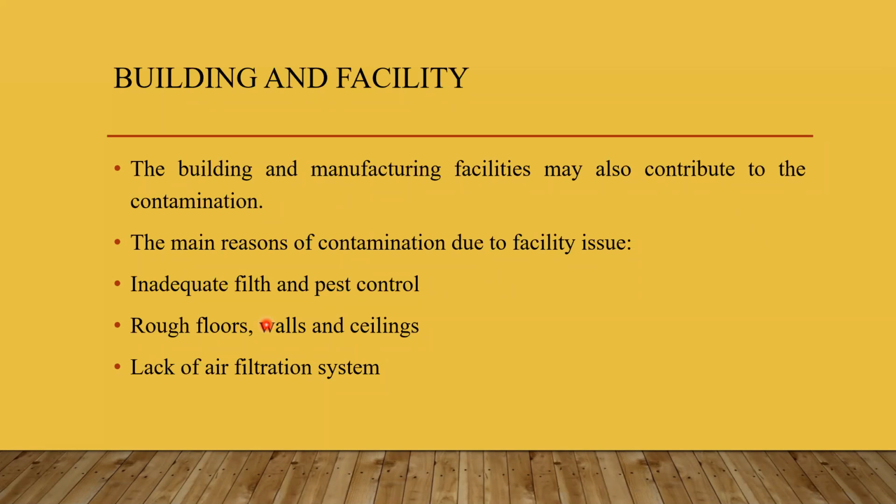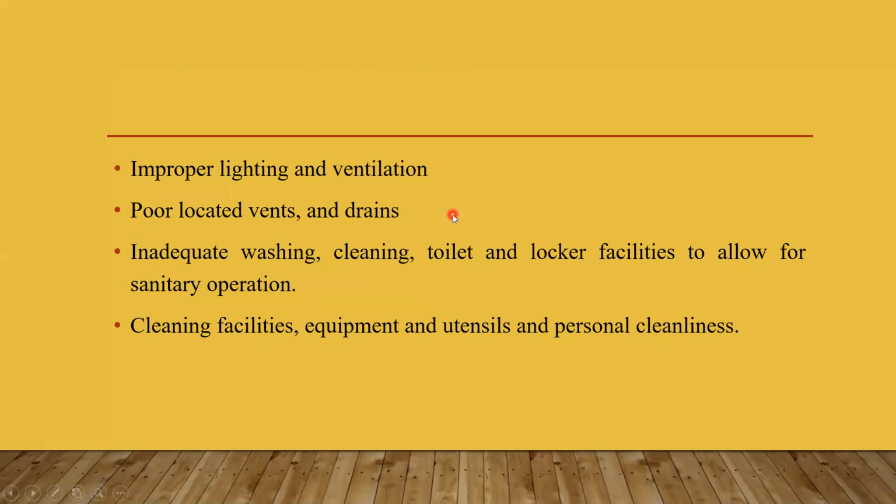If this dust comes directly in contact with the material that is used for formulation purposes, the microorganisms come directly into contact with the material. Then lack of air filtration system. If there is a lack of air filtration system, there is a chance of bacteria entering the manufacturing unit's environment in which the formulation is prepared.